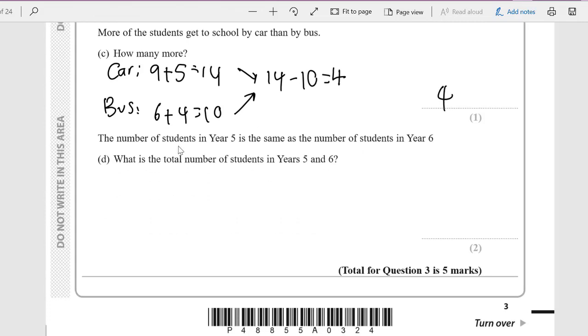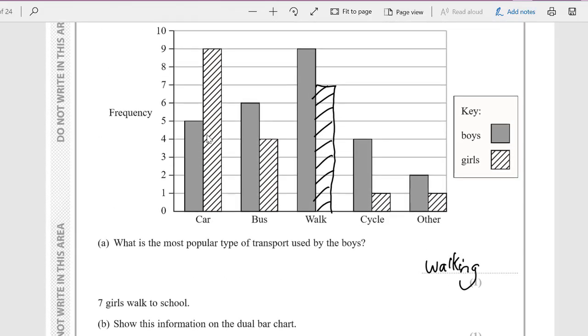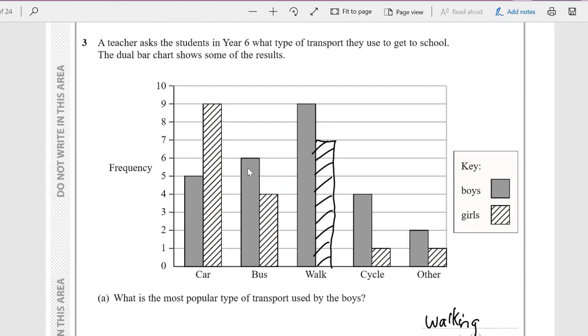It says, the number of students in year 5 is the same as the number of students in year 6. So what's the total number of students in years 5 and 6? Okay, so that means we've got 14 here, we have 10 here, we have 9 plus 7, so 16.